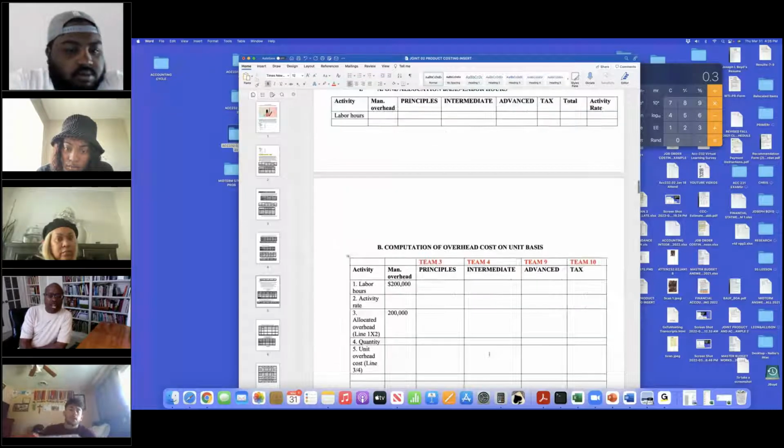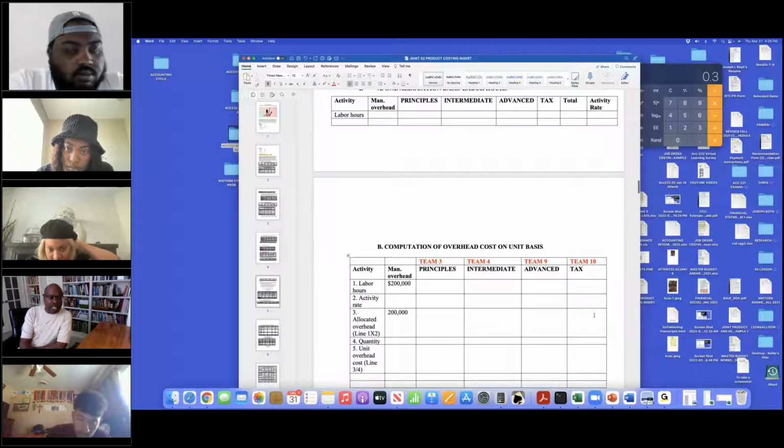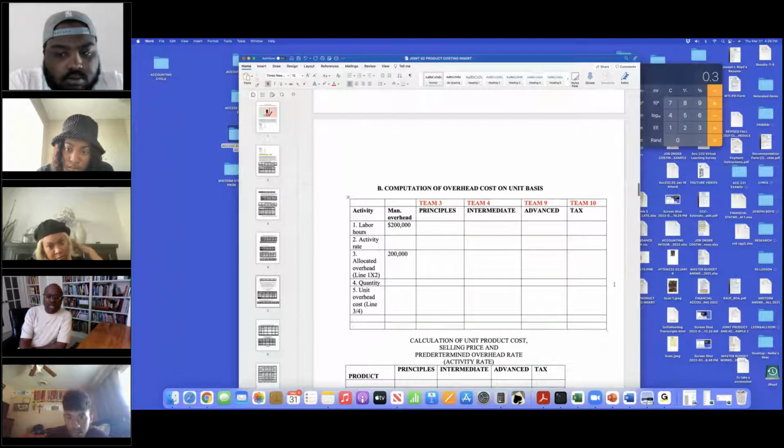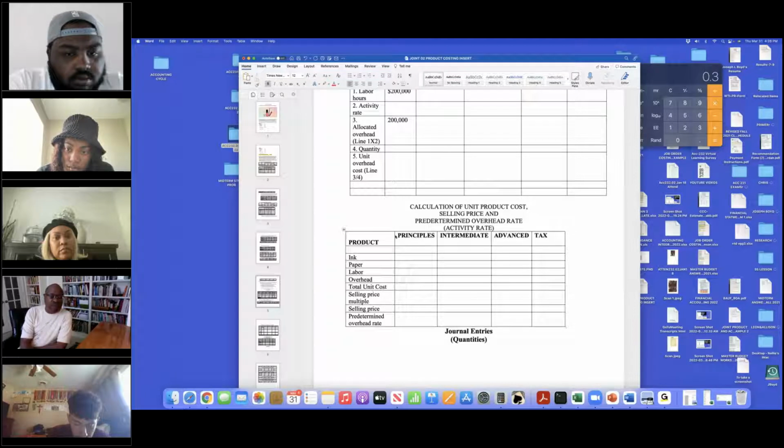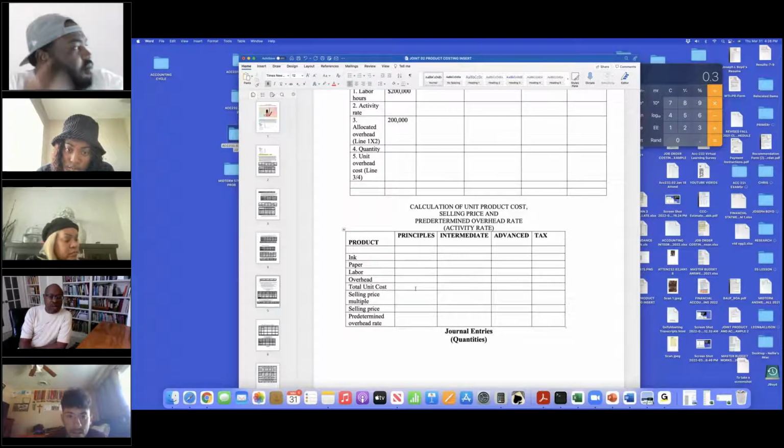Now you should have this handout. Allocate this 200,000 to each of the books. After you allocate the 200,000, put your quantities in to come up with the unit overhead cost. After you get the unit overhead cost, you're going to do what we just did. For principals, what's total unit cost, selling price, and the POR.